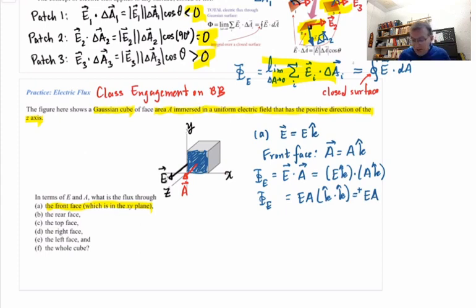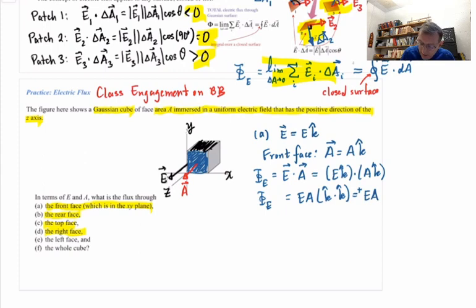Okay, now using similar kind of notation, you need to calculate the electric flux through the rear face, the face that you can't actually see here, exactly opposite to the front one that we just did. Then for the top face, well, that would be this one right here. Then the electric flux through the right face.